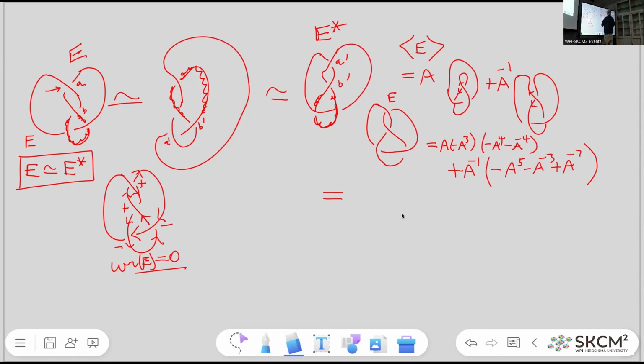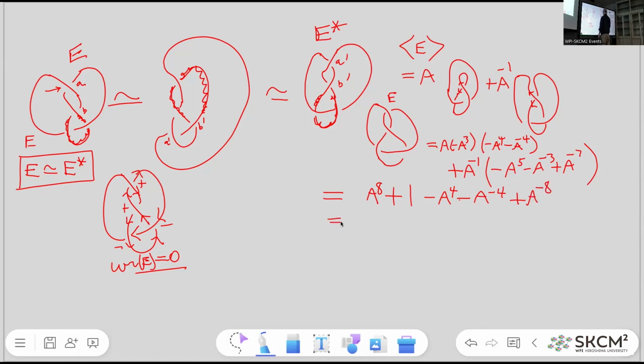I get minus A to the fourth times minus A to the fourth, so that's A to the 8. Then I get minus A to the fourth times minus A to the minus fourth, that's a 1. Then I get minus A to the fourth. Then I get minus A to the minus 4. And then I get plus A to the minus 8.